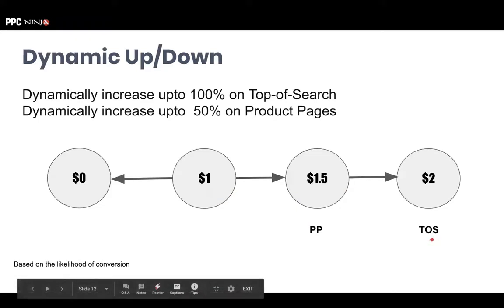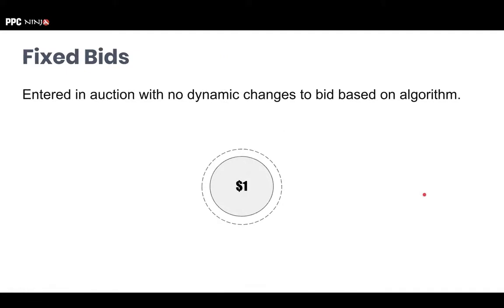And for top of search, that same $1 bid will become $2. In the case of the fixed bid, nothing is changed. Your $1 bid remains $1. And I'm just talking about the bidding strategy, but you could have this change based on the placement. That's a totally different modifier.